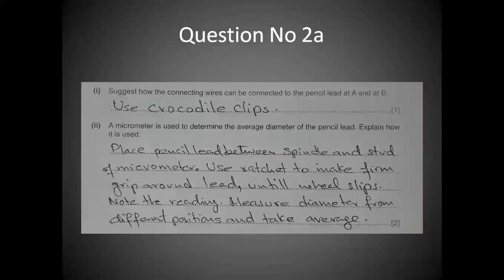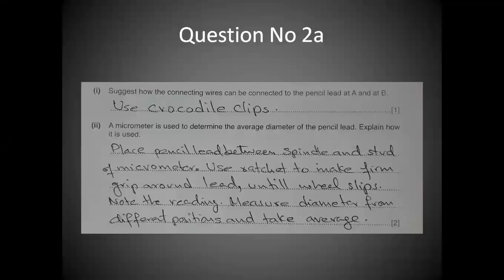Then the next question is, a micrometer is used to determine the average diameter of the pencil lead. Explain how it is used. In the micrometer, you take the lead and place it between the spindle and the stud of the micrometer, and then you rotate the thimble.